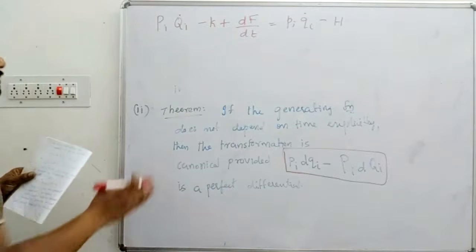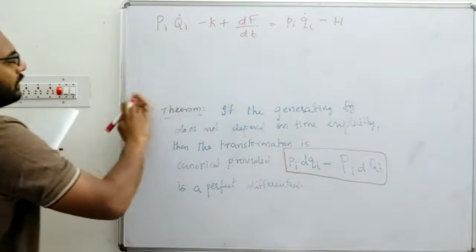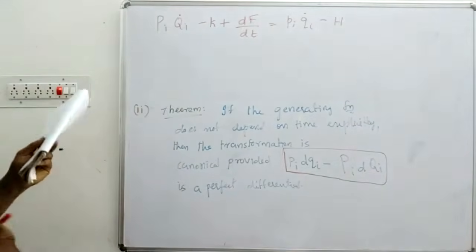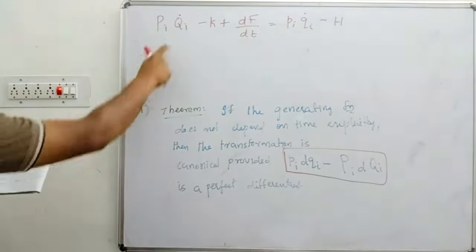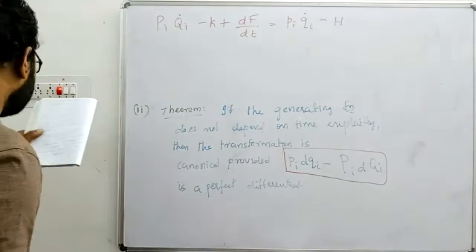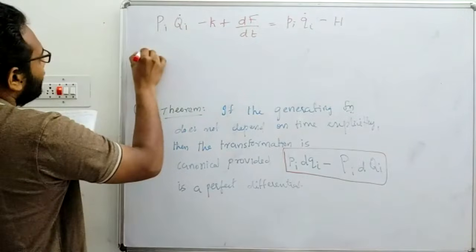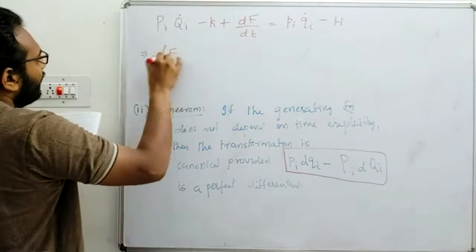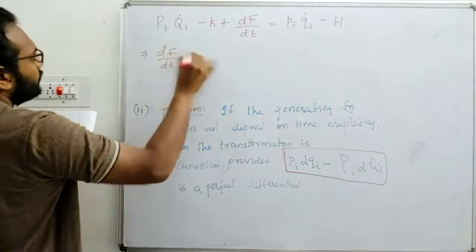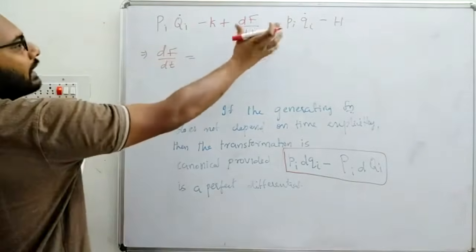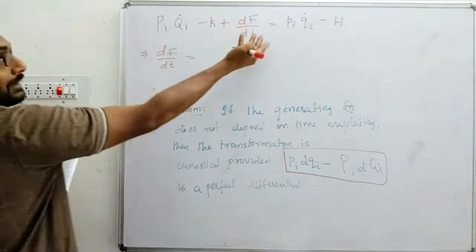I'm not writing the summations. In the notes, I may give summation or not. Remember that this Einstein summation convention is always implied, so you have to sum over all these combinations. So you can write dF by dt. This is the condition for this transformation to be canonical. This is the starting point.